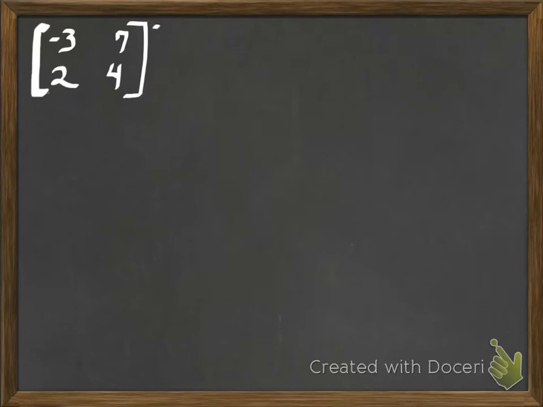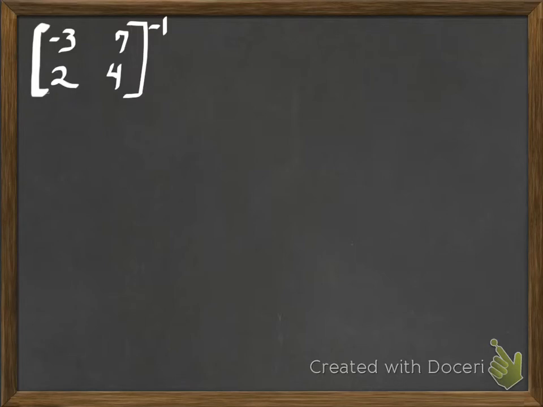So, if I give you the problem of -3, 7, 2, 4, and I ask you to find the inverse.